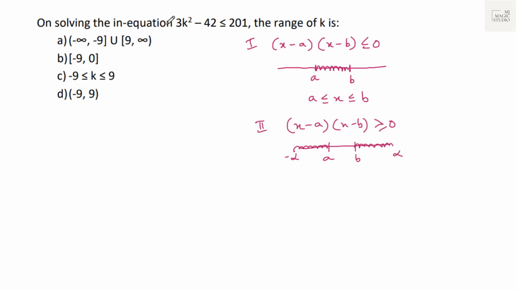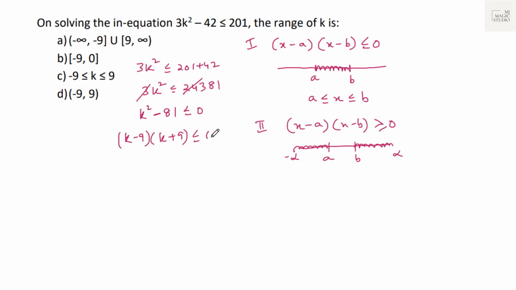So let us check what type of inequalities we will get once we are solving this. 3k square is less than equals to 201 plus 42. So 3k square is less than equals to 243. If I divide both sides by 3, I'll get k square minus 81 is less than equals to 0, or k minus 9 into k plus 9 is less than equals to 0.